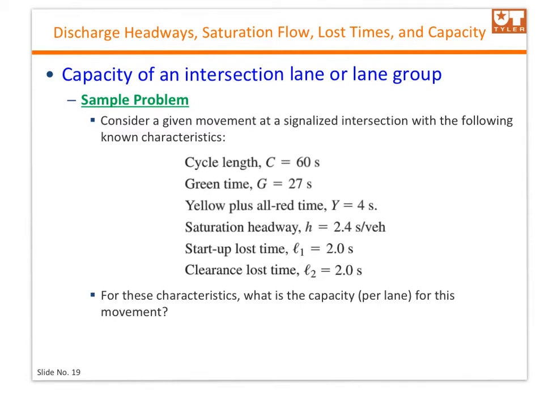The cycle length is 60 seconds, the green time is 27 seconds, the yellow plus all red time, which is capital Y, is 4 seconds, the saturation headway, which is h, is 2.4 seconds per vehicle, the startup loss time, which is L1, is 2 seconds, and the clearance loss time is 2 seconds. The question is, for these characteristics, what is the capacity per lane for this movement? Let's go ahead and start to solve this problem.